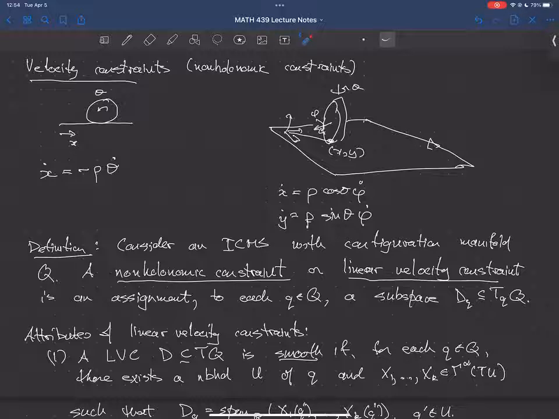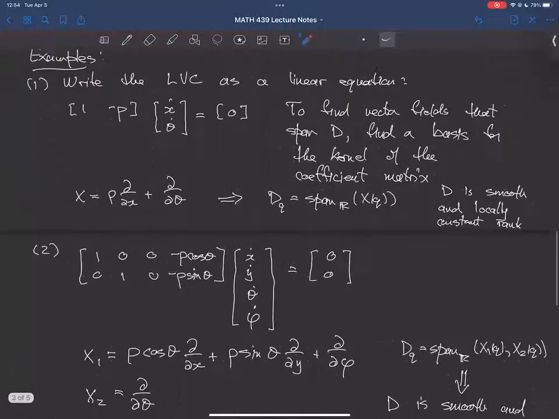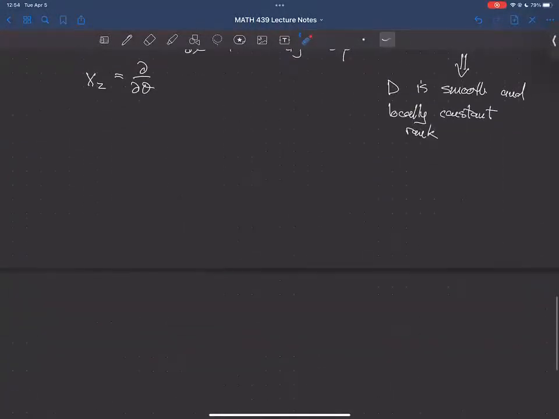You somehow think that it shouldn't be that way, right? And so let me maybe give the definitions here, and then we'll talk a little bit more, okay? So this is what's called integrable velocity constraints.